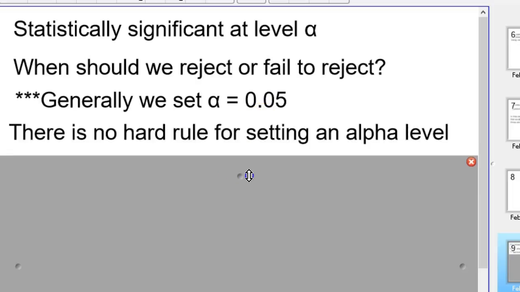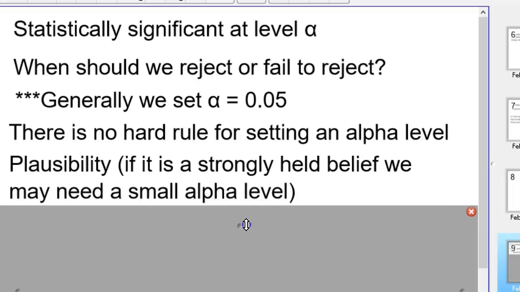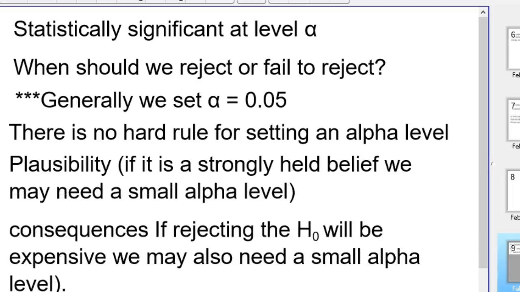But there's no hard and fast rule for setting alpha levels. Generally, you look at 2 situations. Look at plausibility. If that null hypothesis is a really strongly held belief, we may need a small alpha level to convince somebody of its implausibility.